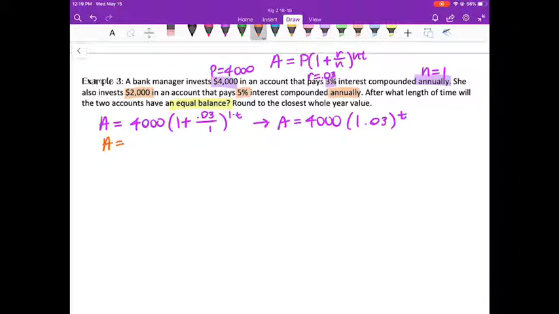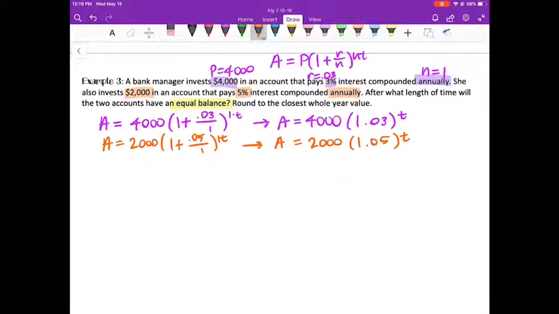So again, compounded annually, that's going to be the same sort of situation, just with slightly different values. So this time our initial investment is $2,000 and our rate is 0.05. But other than that, we've still got 1 for the number of times per year it's compounded. So we can simplify this as well and say A equals 2,000 times 1.05 to the t.